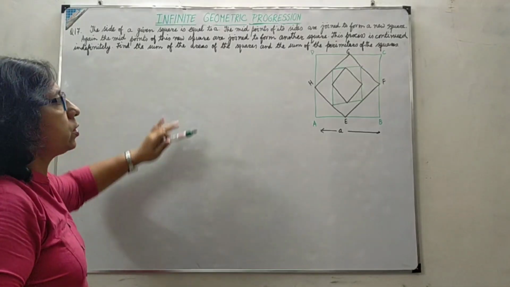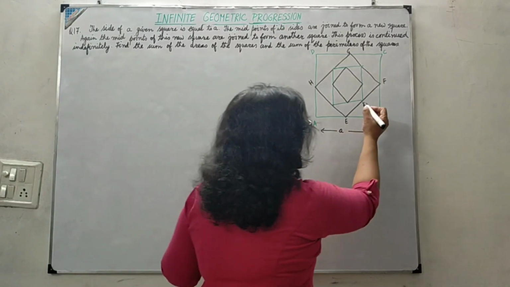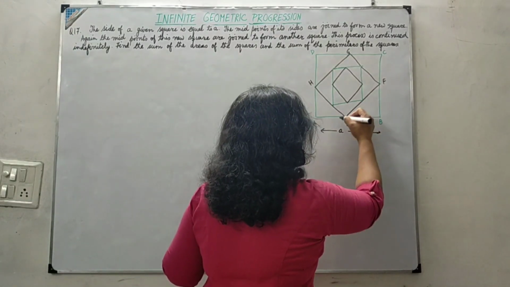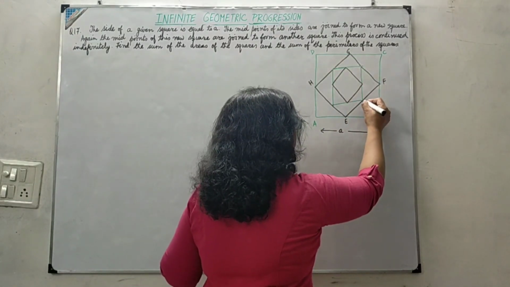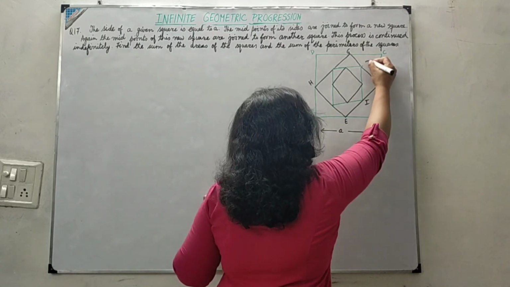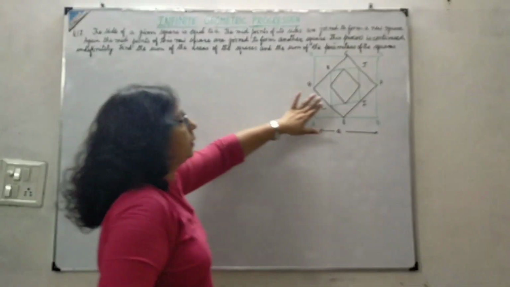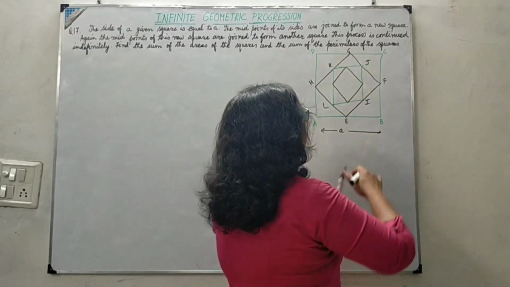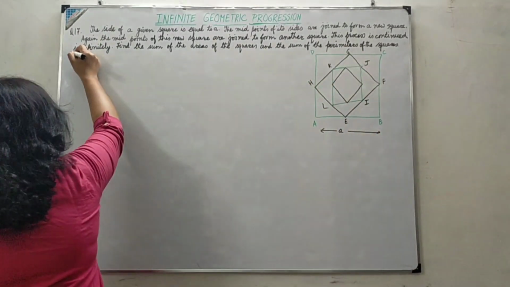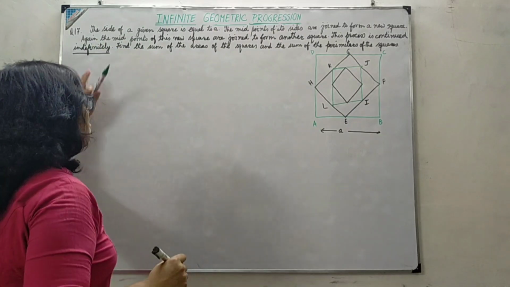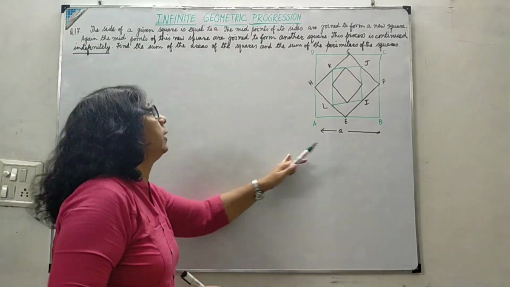Again, if I take the midpoints of this square EFGH, the midpoints I, J, K, L, etc., are joined to form another square, and this process is continued indefinitely. We have to take care of this word. This shows that we are going indefinitely.